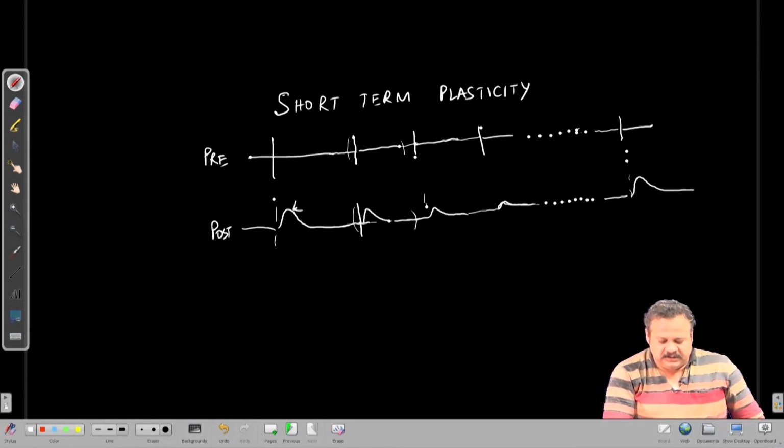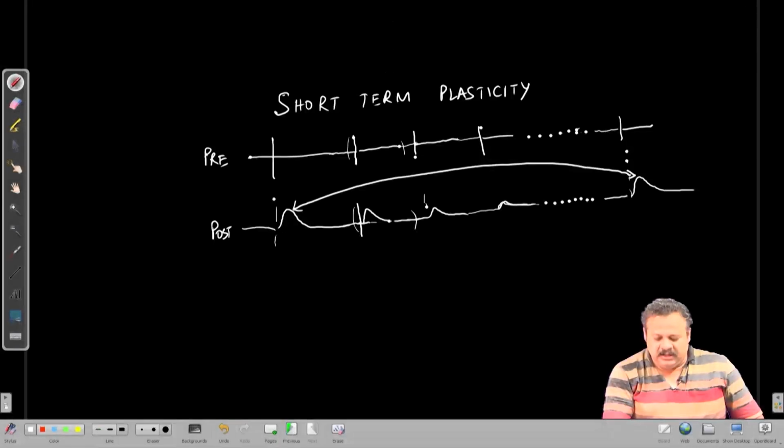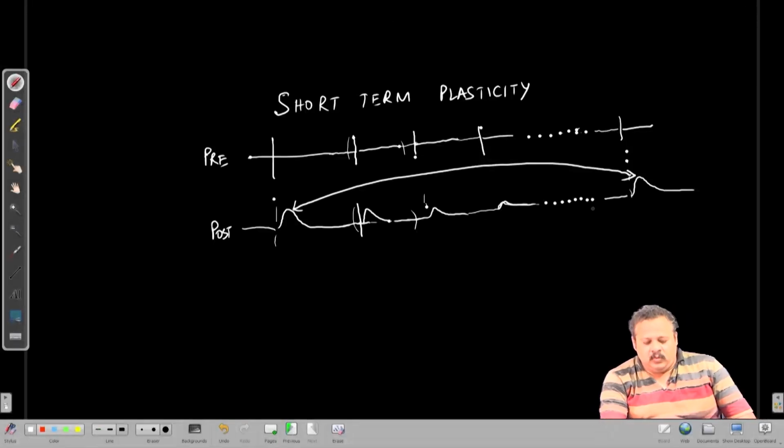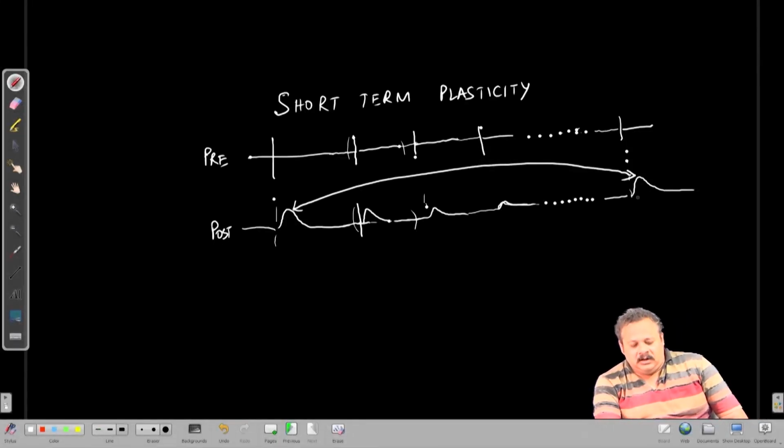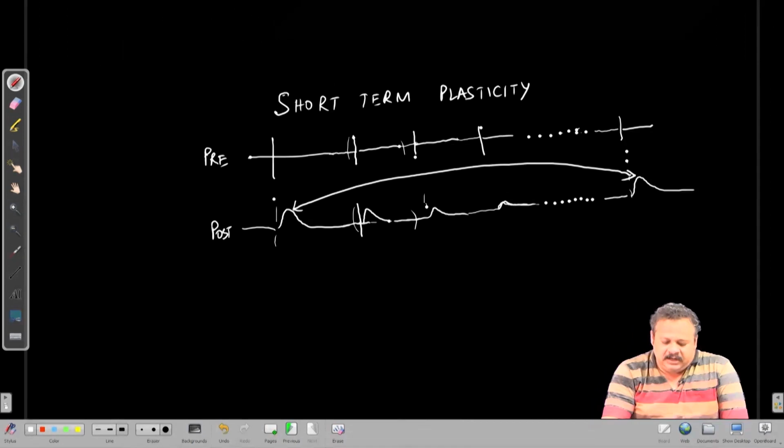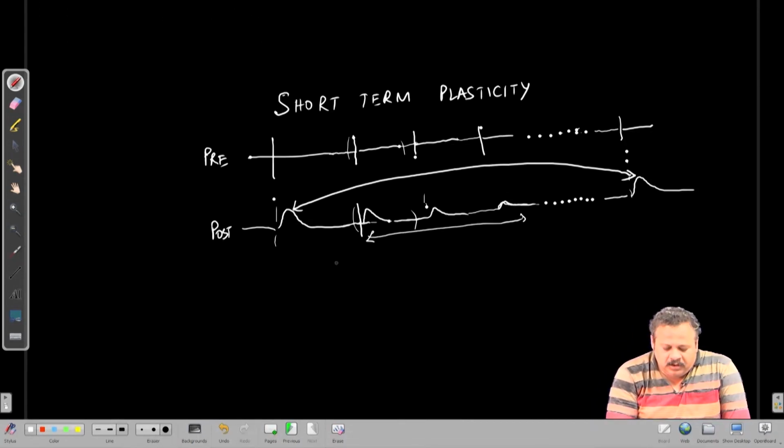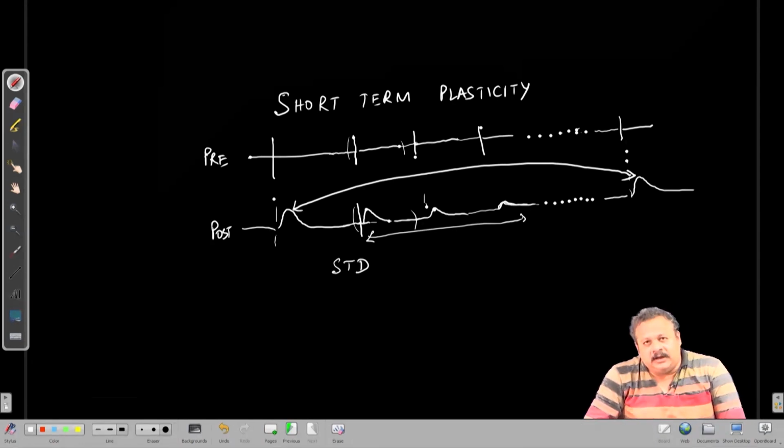So, this is the same as this. So, we have recovered our original strength, and in between we have what we call short term depression, that is, the synaptic strength is reducing with every subsequent spike.